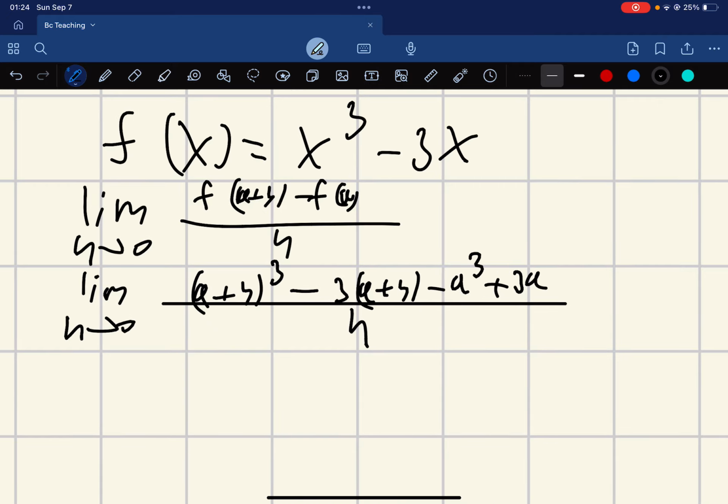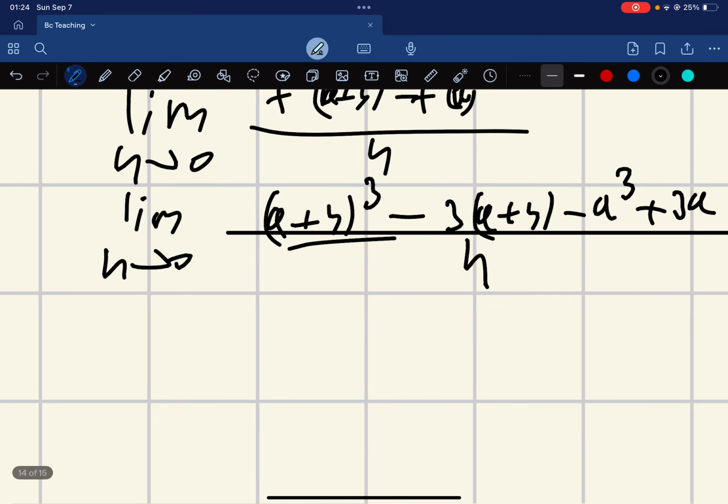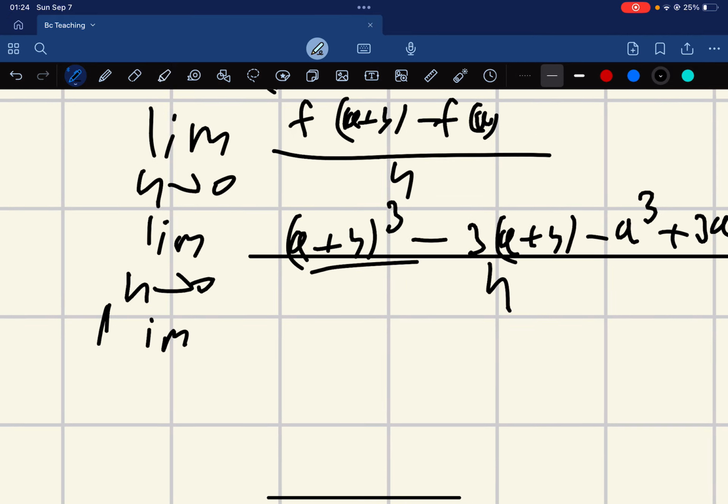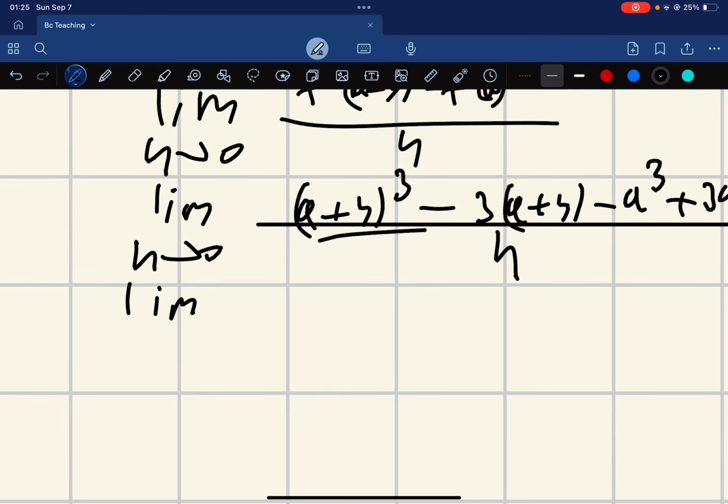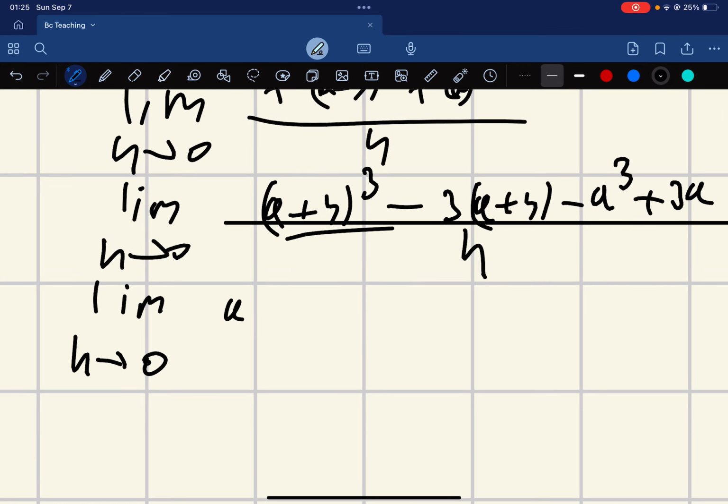I just realized I have to expand that, which is okay. Wait, I don't remember how to do that. Okay, I'll do it manually. I'll do it in red.